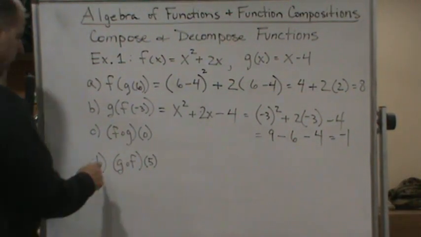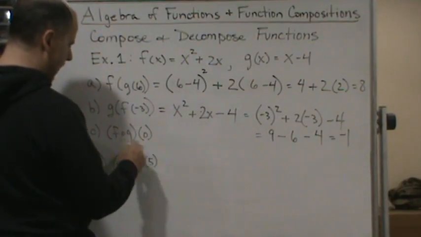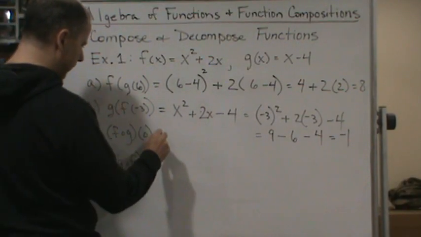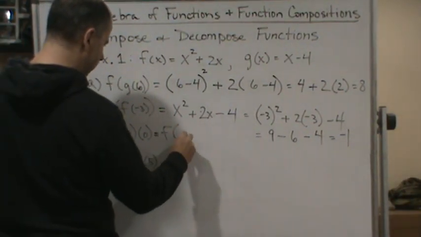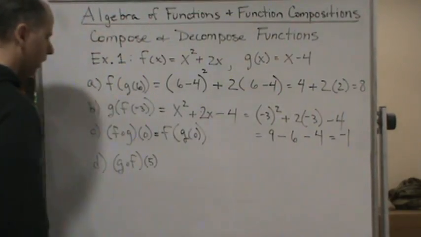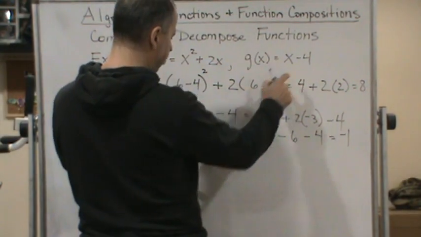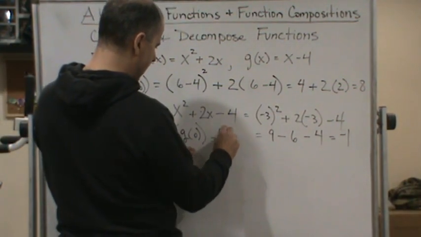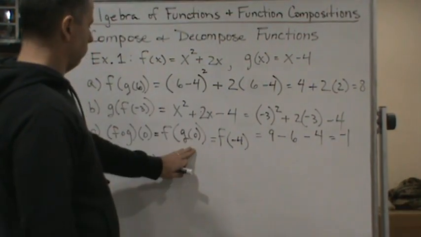Now, what about this one? f circle g of 0. Well, this is just the notation, right? So this tells me that this is f of g of 0. Okay? Well, what's g of 0? g of 0 is negative 4. So this is going to be the same as f of negative 4.